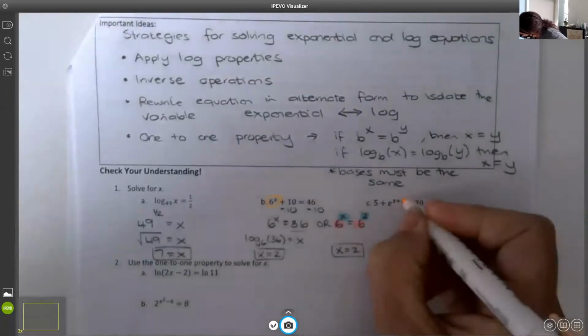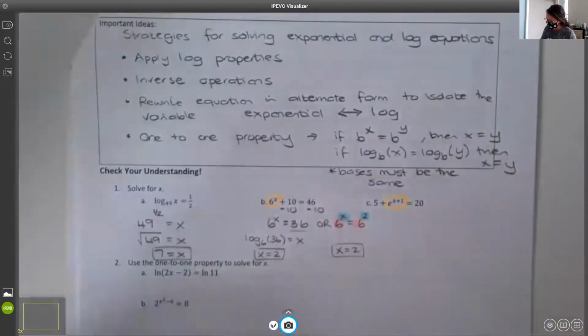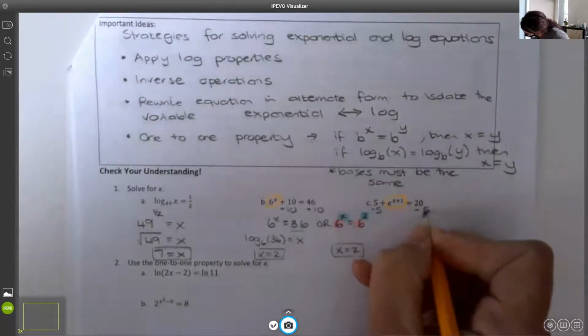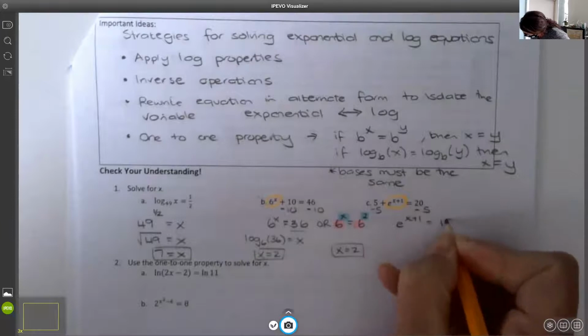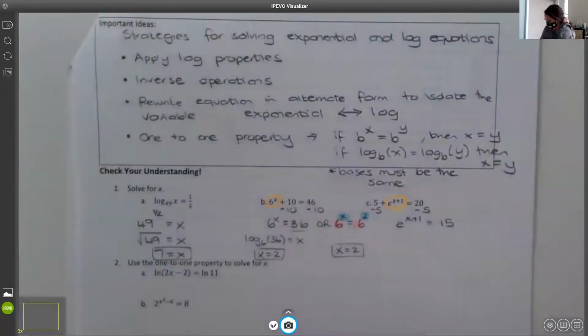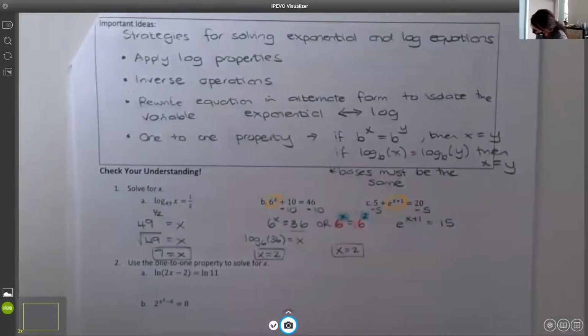Go ahead and try this next one. So start by getting the e to the x plus 1 by itself. And then rewrite it as a log. Remember, if it's a base of e, you can just write it as ln.